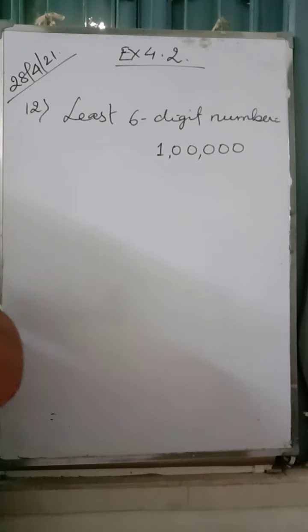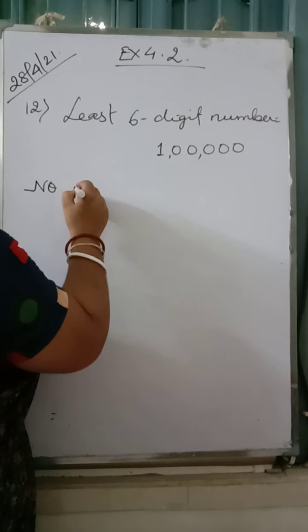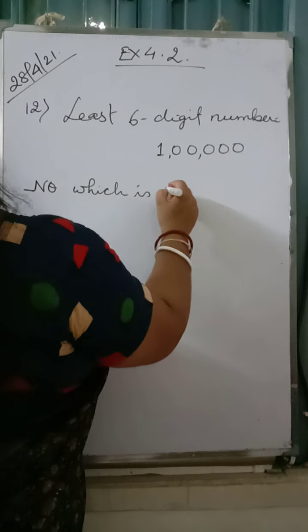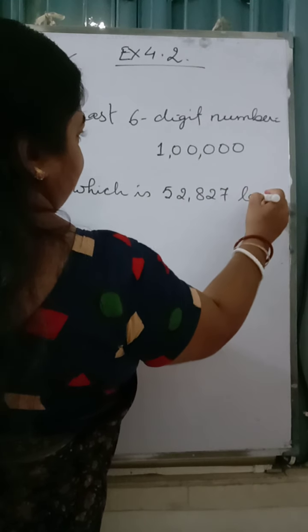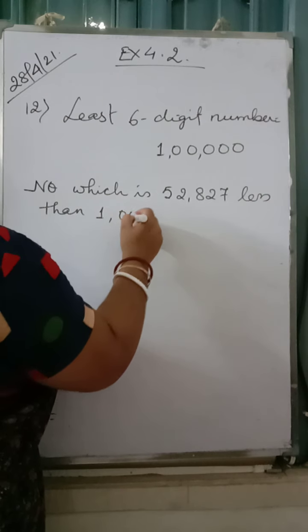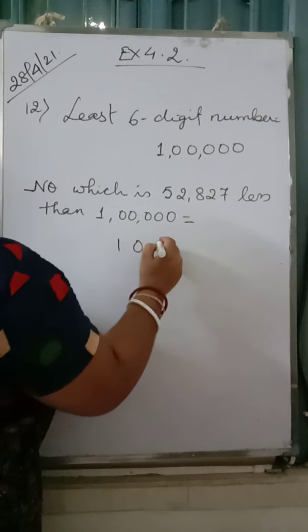Now they have asked find the number which is 52,827 less than 1 lakh is equal to, we'll subtract it.